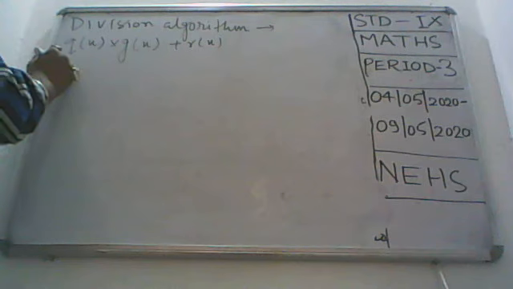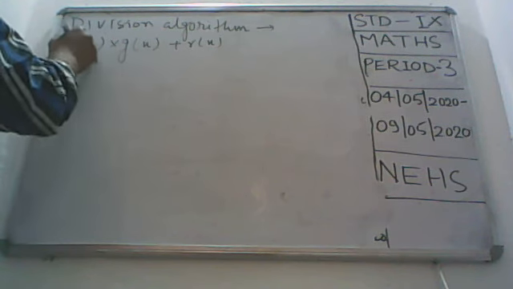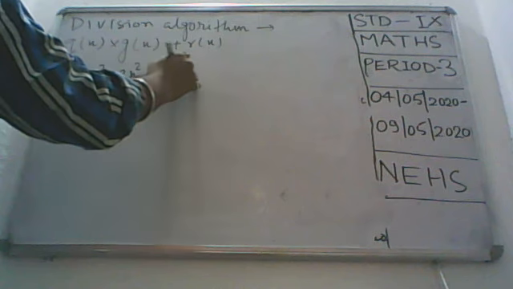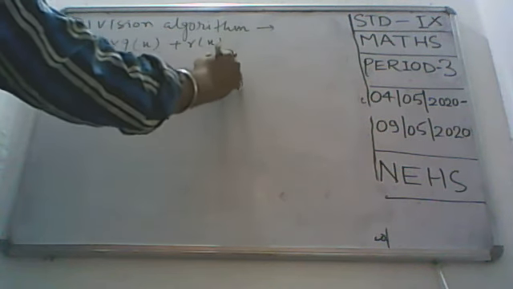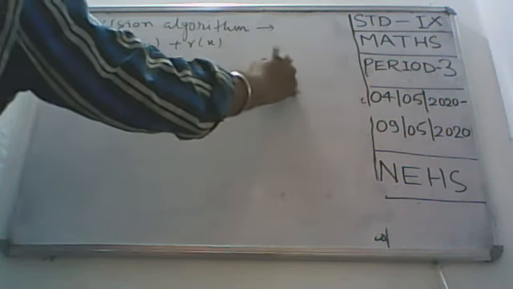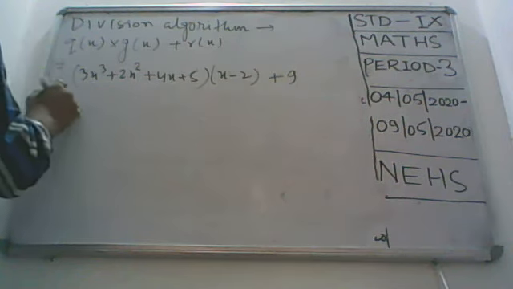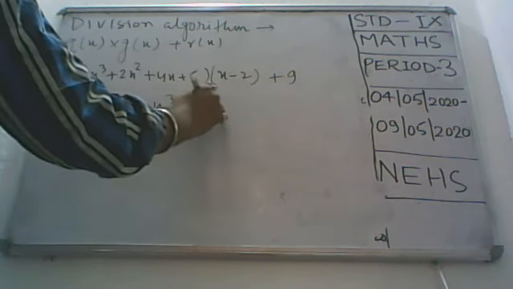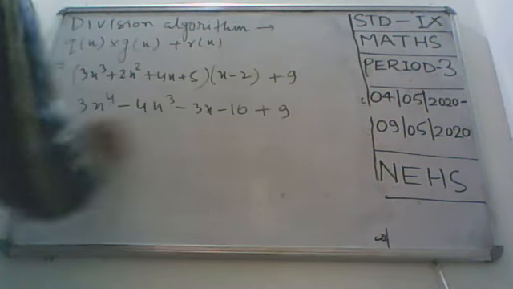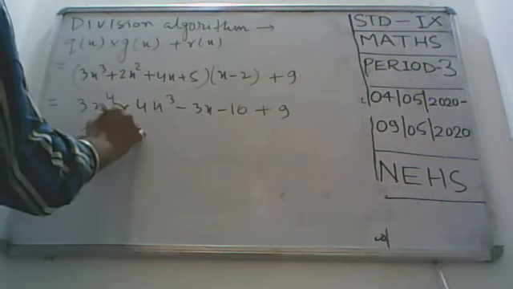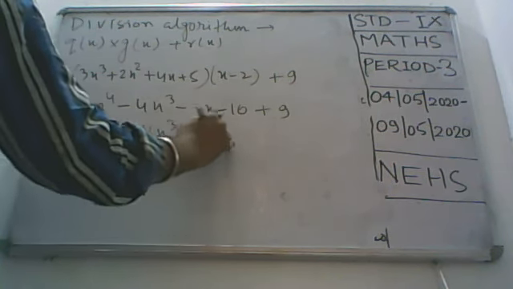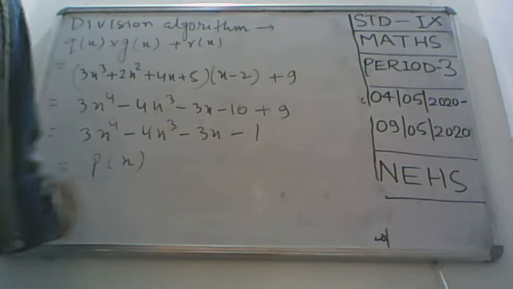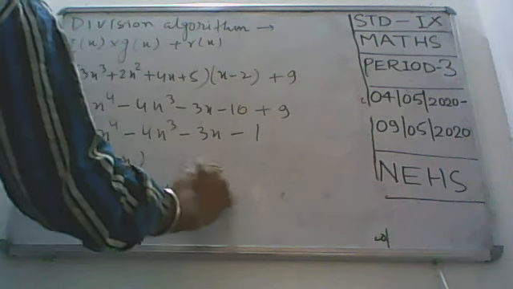Let us see. Your Qx is equal to 3x cube plus 2x square plus 4x plus 5, multiplied by Gx, that is x minus 2, plus Rx, that is 9. So this will become 3x to the power 4 minus 4x cube minus 3x minus 10 plus 9. So it is equal to 3x to the power 4 minus 4x cube minus 3x minus 1, and that is equal to Px. That means the algorithm is verified here.